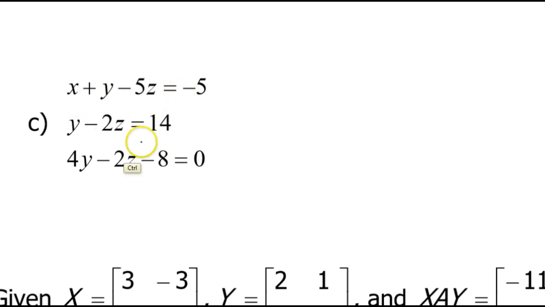Okay, standard form, almost standard form. So the only thing that I need to turn this into standard form is this 8 needs to be added. Hopefully you can see that if I add 8 to both sides, I'm just going to have 4y minus 2z equals 8.